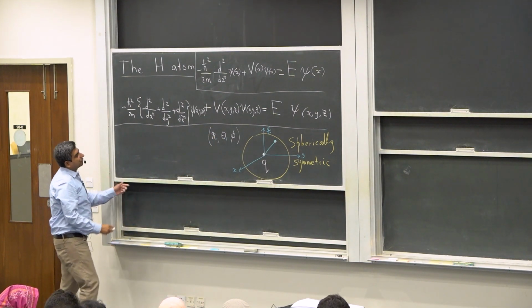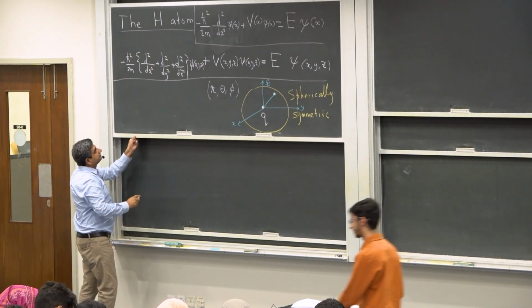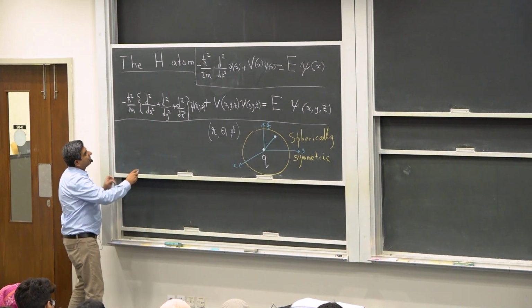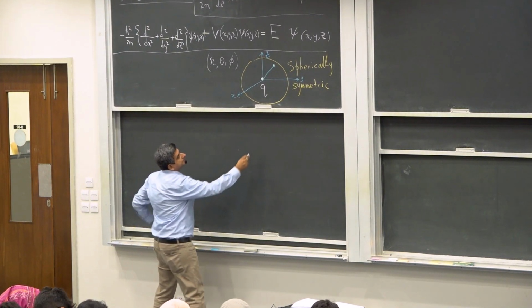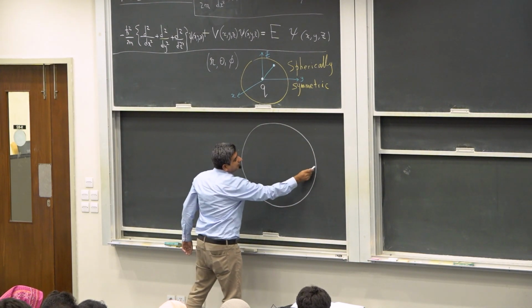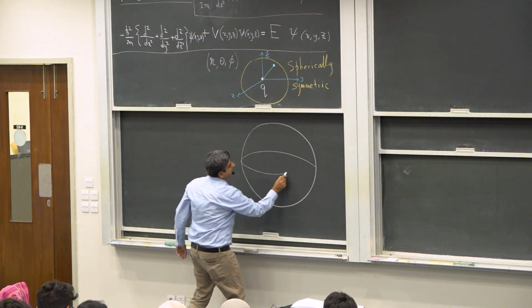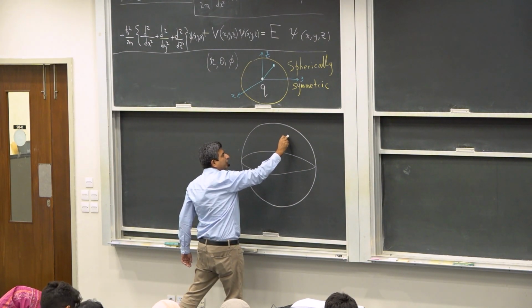So let me draw a better diagram over here, a bigger diagram. Let me draw a sphere, a big sphere. I take a point P, some point on this sphere.